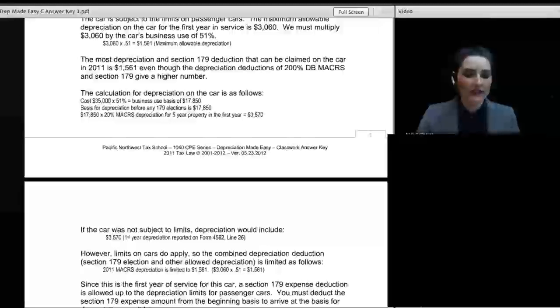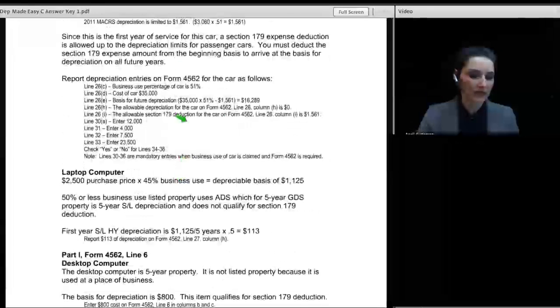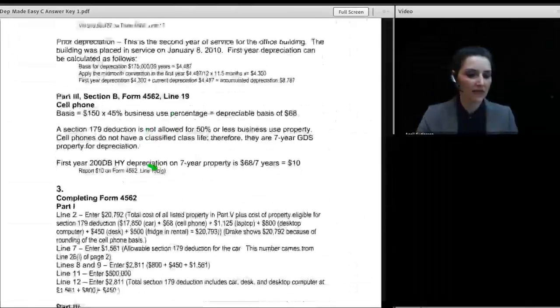At the start of the class after our lunch break, I asked how many of you had calculated 3570 on the car. It describes in detail how you arrive at that 3570 calculation, and how ultimately you end up with a $1,561 deduction on the car instead. All of the other computations, how to manually calculate them, are in here.